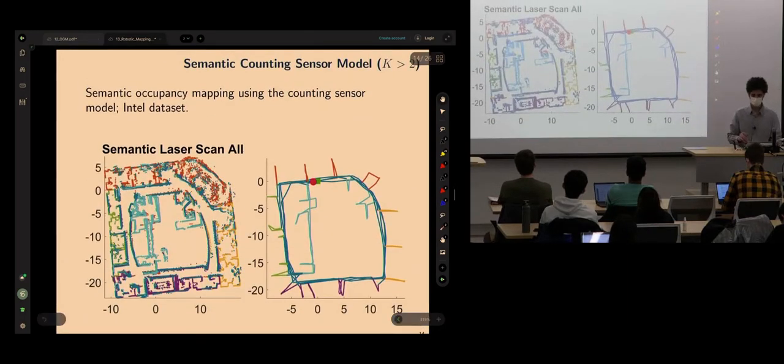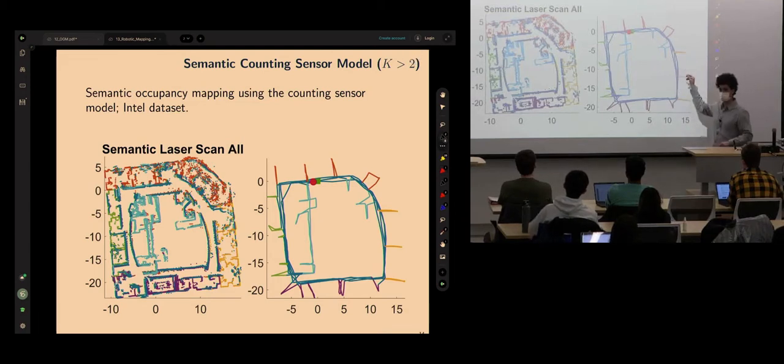Now, the original data set is not semantic. Last year, Cynthia, my PhD student, segmented this data set for you. So the way she did it, she decided that if the robot walks, not walking, it's a wheeled robot, if the robot moves in the hallway, this is one segment of the map.